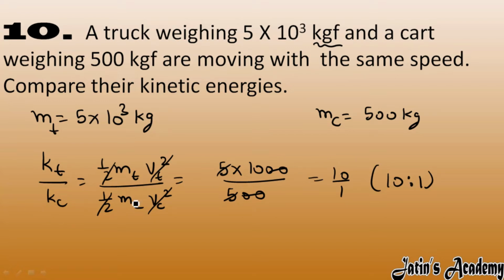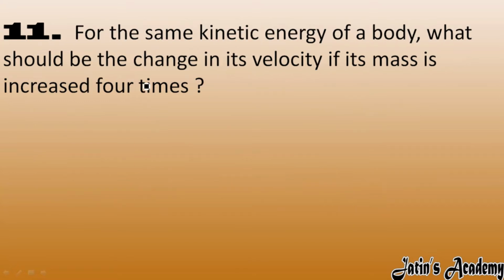So comparing their kinetic energy, the kinetic energy of the truck is 10 times more than the kinetic energy of the cart. Clear? Next we have: for the same kinetic energy of a body, what should be the change in its velocity if its mass is increased 4 times? What is the meaning of this? Carefully see. For example, a body of mass m moving with velocity v has kinetic energy k, which is half m v square.